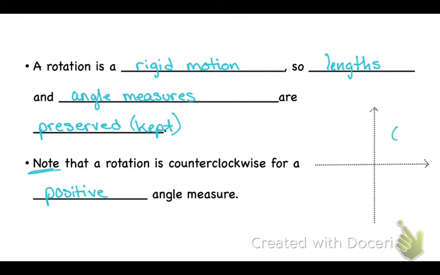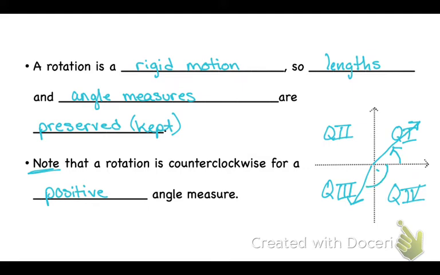Okay, quadrants are Q1, Q2, Q3, and Q4. Okay? 1, 2, 3, 4, going counterclockwise. When an angle rises, see how it rises? It's a positive rotation. If it falls, it's a negative. See how it's falling?